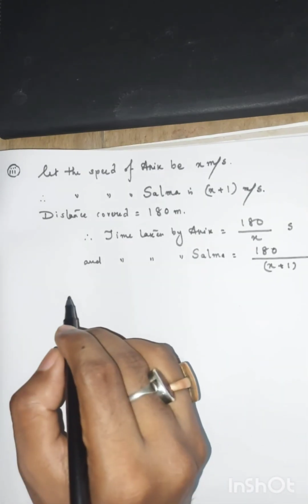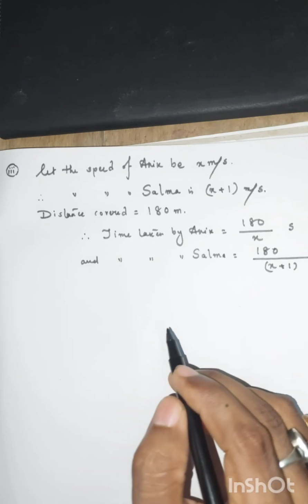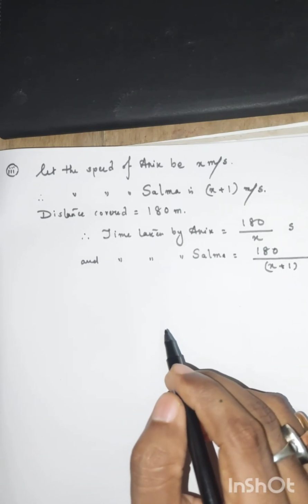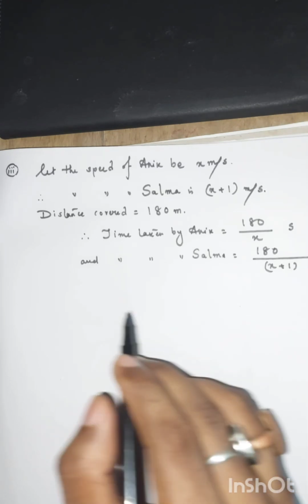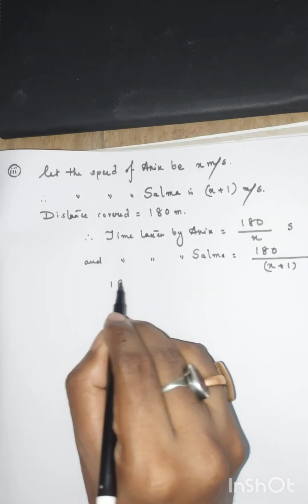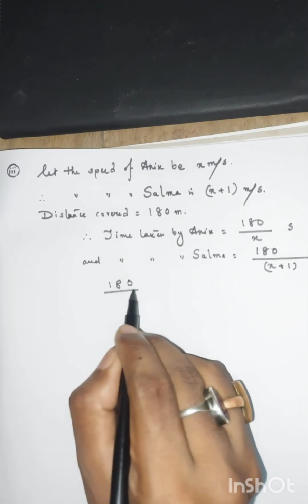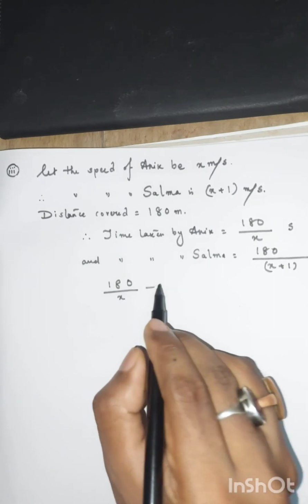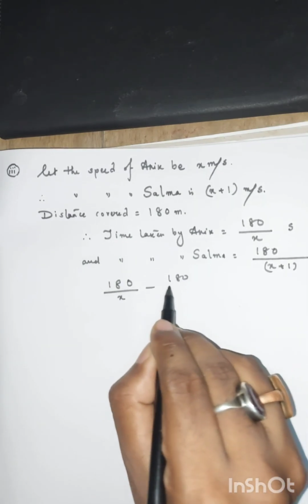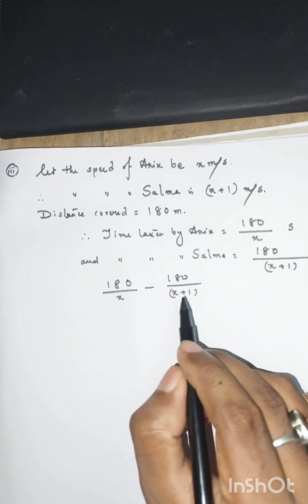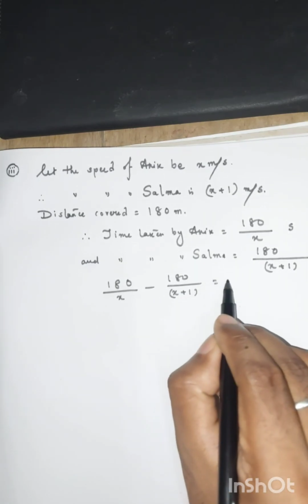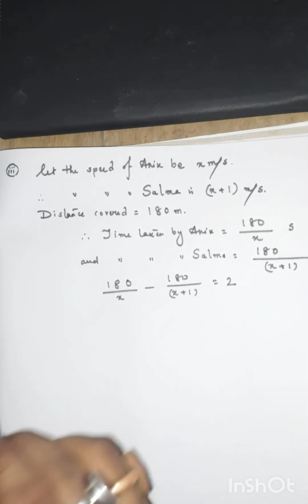Now the difference of these two times is 2 seconds, because Salma takes 2 seconds less than Onik. Therefore, so this is our equation.